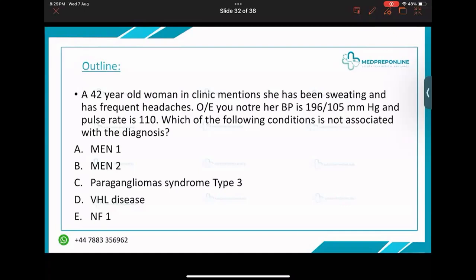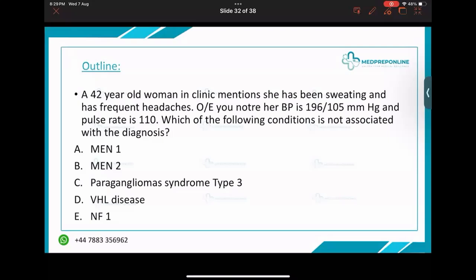Correct, it's pheochromocytoma, right? Even if we don't know the conditions, we know specifically it is associated with MEN2, correct? Then there are other conditions like neurofibromatosis 1. It is related to VHL as well as paragangliomas, but not to MEN1. MEN2 is Sipple syndrome.